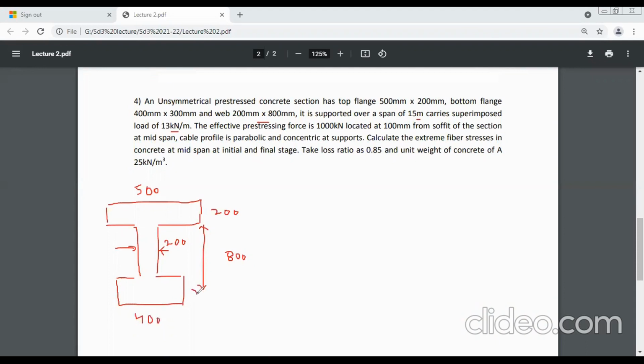So first of all, we find the cross-sectional area of this unsymmetrical I section. The top flange size is 500 by 200 mm, plus the web size 200 by 800 mm, plus the bottom flange size 400 by 300 mm.